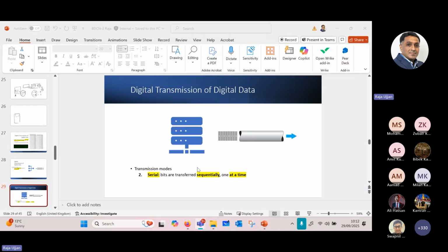So parallel means all the things are going to be transmitted in parallel, and serial means everything is transferred sequentially, once at a time. If I ask you any question in class 10, you might have used the USB, Universal Serial Bus 1.1, 2.0, 3.0 or 3.1.